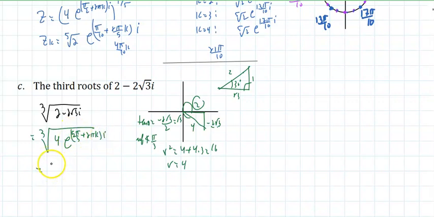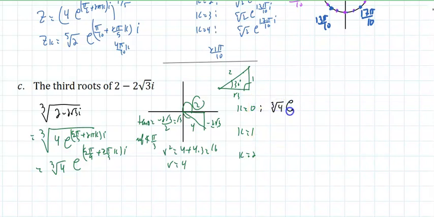So this is actually the cube root of 4 e, you raise that to the 1/3 power, that's 5 pi over 9 plus 2 pi over 3 k i. And here you let k equal 0, k equal 1, and k equal 2, and you're done. So k equals 0, I get the cube root of 4 e to the 5 pi over 9 i.